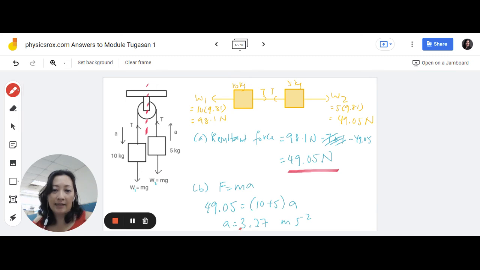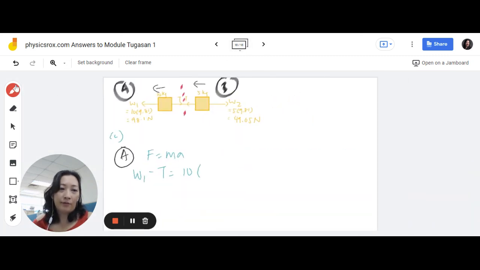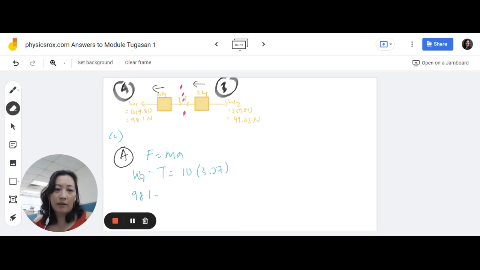Let's underline that. That is 98.1. Let me put that in straight away, 98.1. So the value of T therefore is 5.4 Newton.